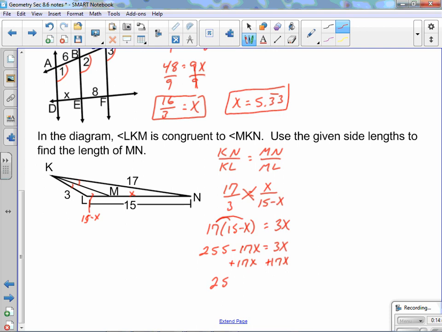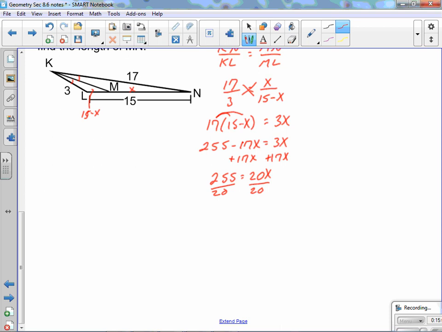I get 255 equals 20X. And divide by 20. And 255 divided by 20 is 12.75 equals our x, or the length of MN equals 12.75.